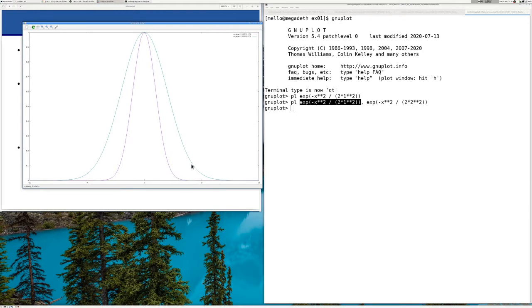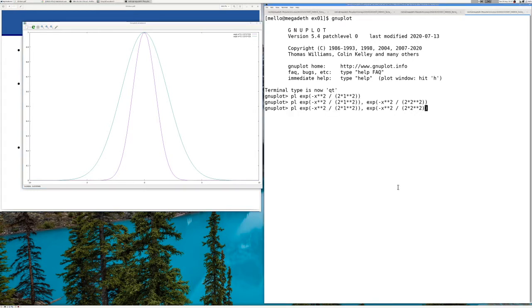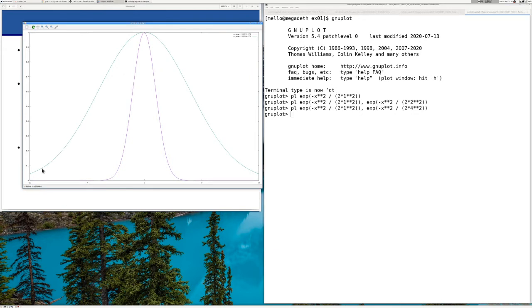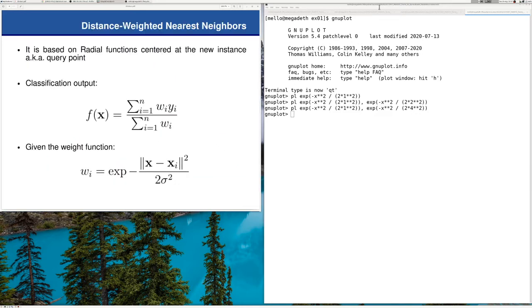And now sigma is 2. Of course, if instead of 2 I use sigma equals 4, take a look what happens with my Gaussian function. It's going to open up. It's going to give relevance to points that have a distance equal to 10 from a new instance. So that changes the vicinity of my central point, of my new instance, as you guys might notice.